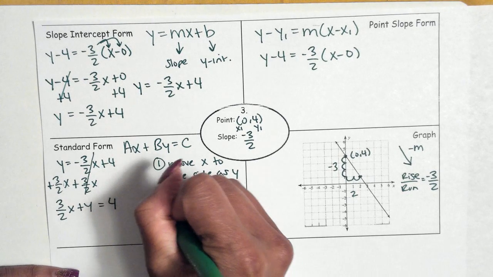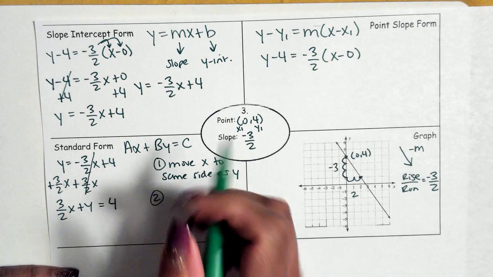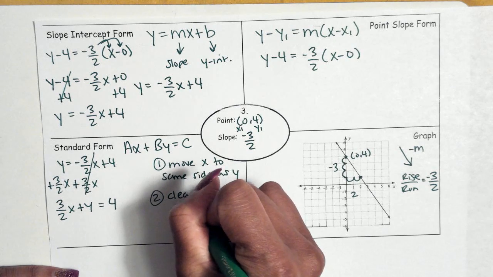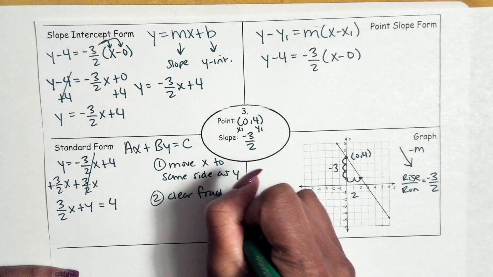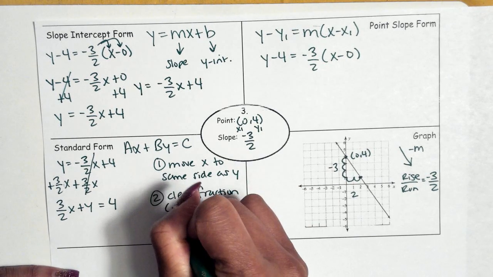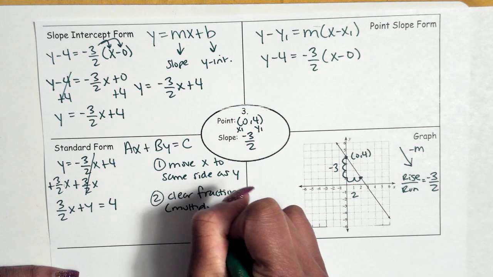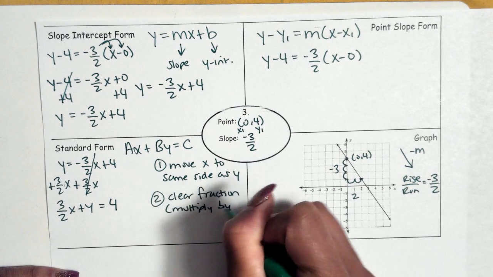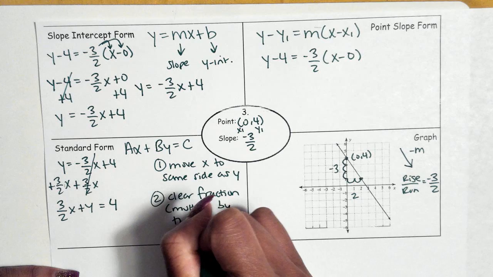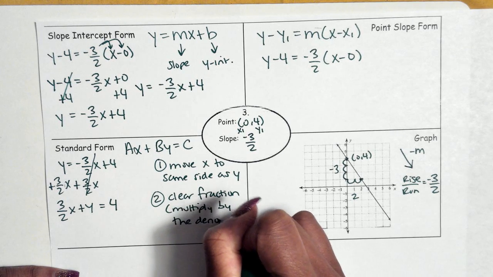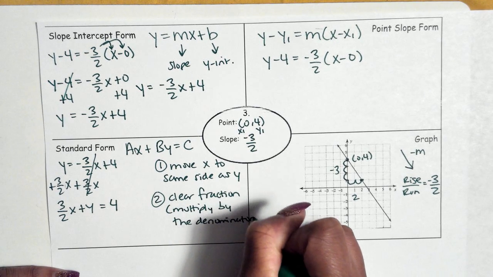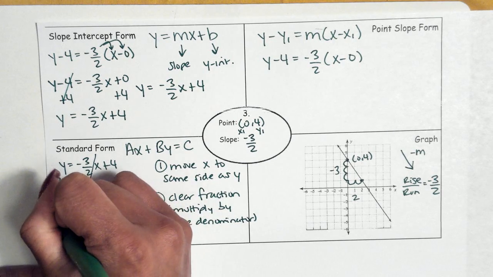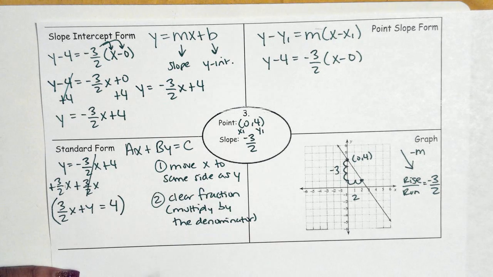Now, we don't want to have any fractions, so we have to clear the fraction, just like we would before when solving an equation. And that is by multiplying by the denominator. Okay, so when we do that, we're going to multiply the entire equation by the denominator.